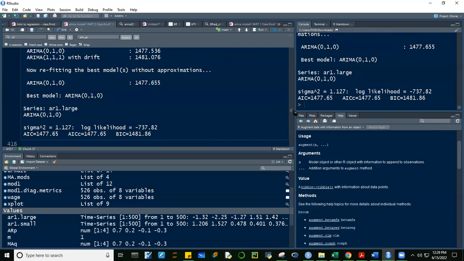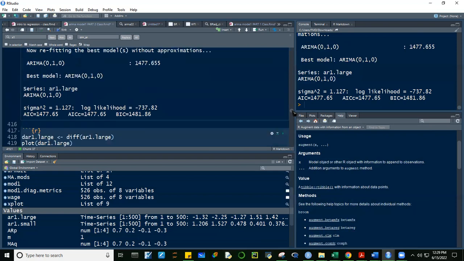Okay, ito iba naman guys. Yung AR process natin na malaki yung AR1 component, 0.9. Notice ang sinabi niya dito, mag-differencing ka. 0,1,0 means you difference the data.